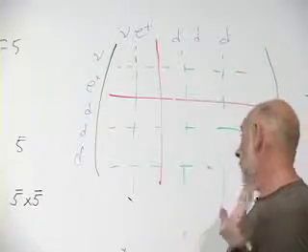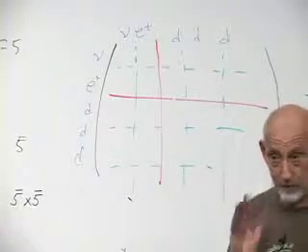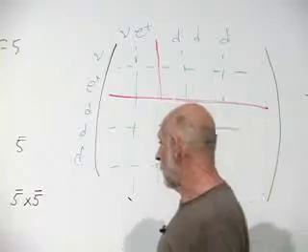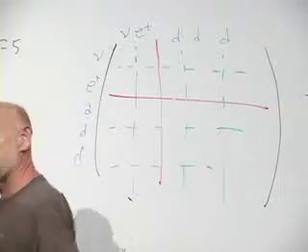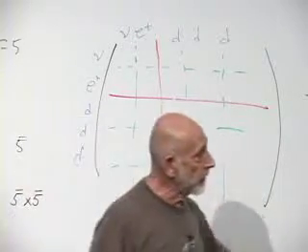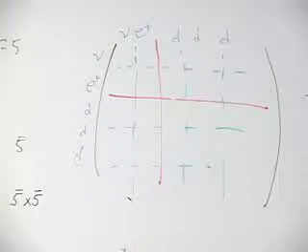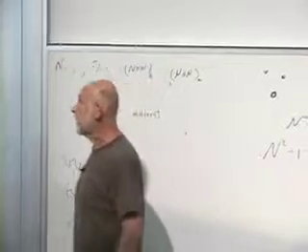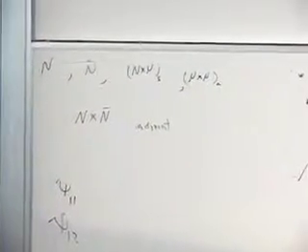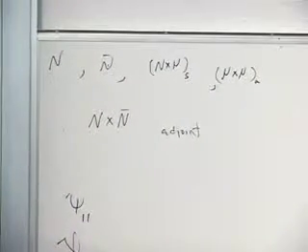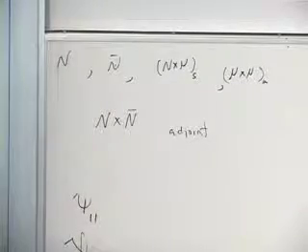Oh, sorry, one more thing. Remember I told you when you take the n cross n representation, you can take it symmetrically or anti-symmetrically. Same thing with the n bar cross n bar. Symmetric combinations or anti-symmetric combinations. We're going to take the 5 bar cross 5 bar anti-symmetric.